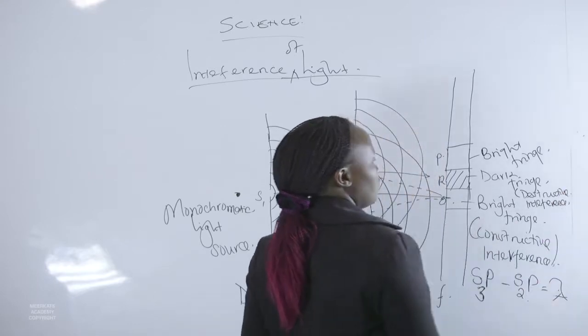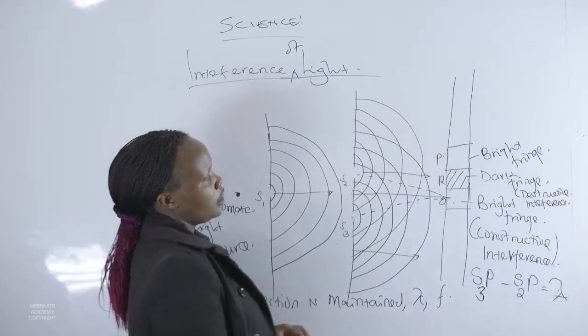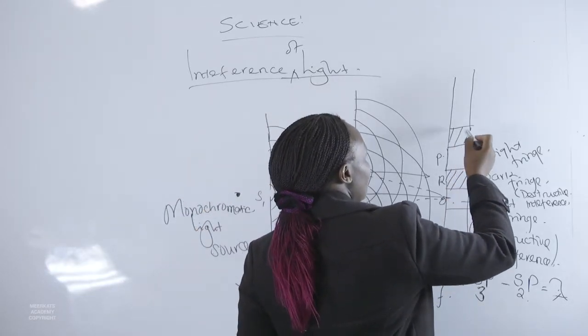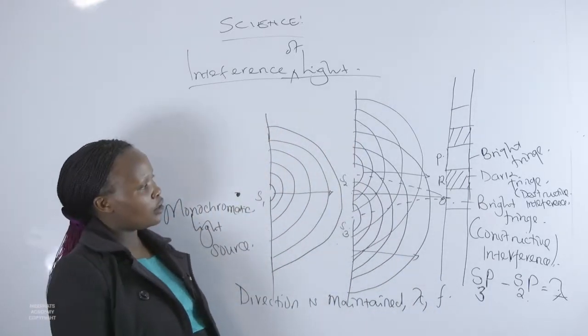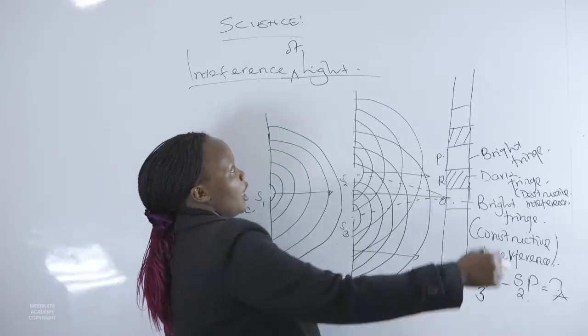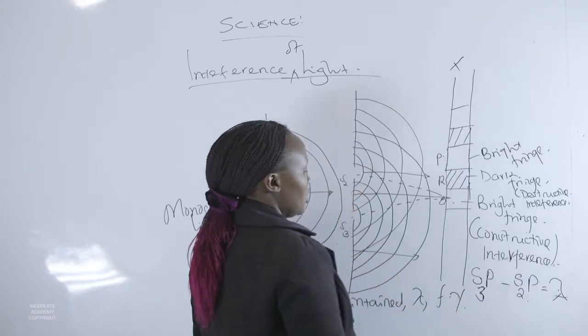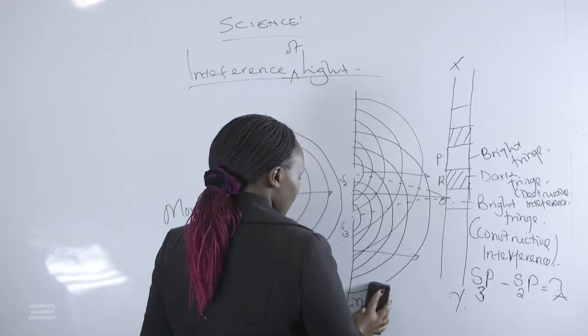A destructive interference. Now, clearly, we are going to have alternate bright and dark fringes depending on the location of the point you are considering along XY, if XY was to be your screen.